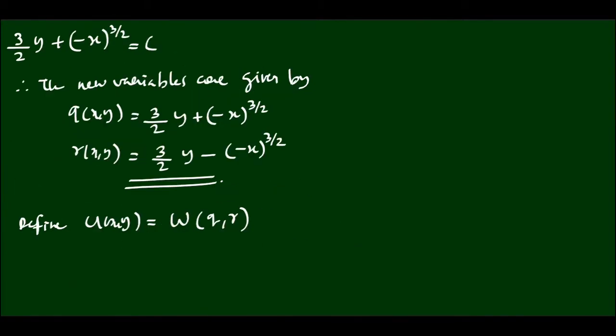We have defined u of x, y equal to w of q, r. To find uxx and uyy, we have to find ux and uy in terms of q and r.